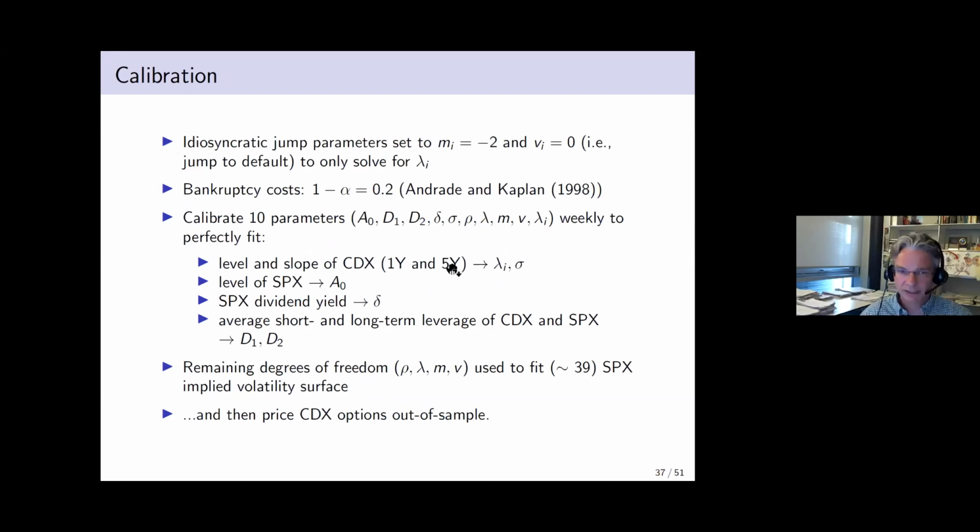We make sure that the parameters are such that we always fit perfectly the level of the credit default swap, so the risk-neutral expected loss implied from the CDX index, and we price the SPX level perfectly, so those are always going to be priced perfectly, and then we choose the parameters. We have a total of 10 free parameters to fit as well as we can the level of the equity options, and then we look out of sample at the credit options.